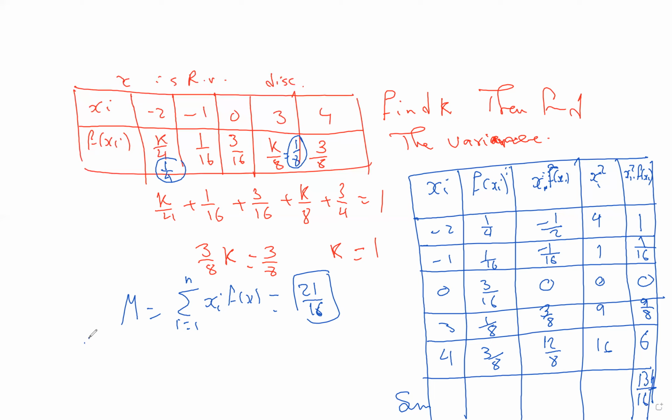Find the variance. The rule is sigma squared equals sum from i equals 1 to n of xi squared f of xi minus mu squared. Okay, it will be this one: 131 over 16 minus mu squared, and mu is 21 over 16, all to the power of 2.